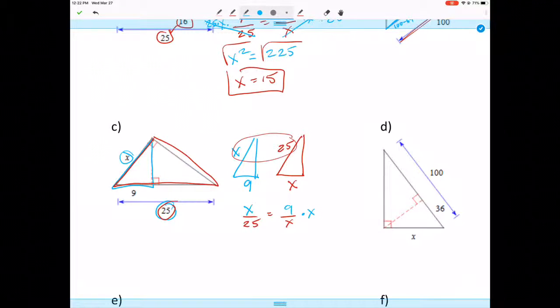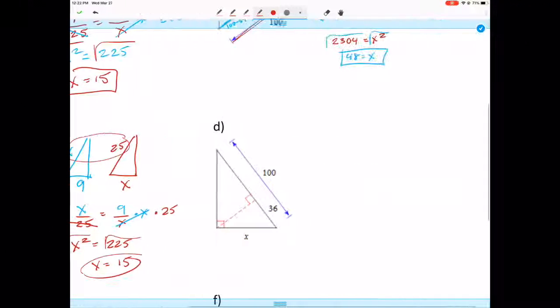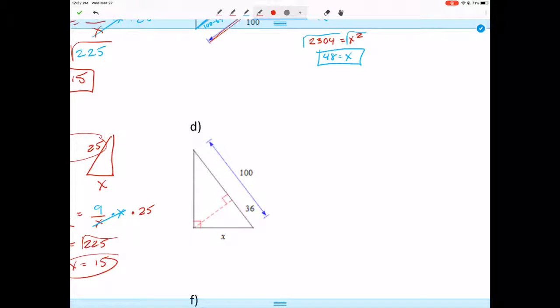Multiply both sides by x, and multiply both sides by 25. And we end up getting x squared equals 9 times 25. It looks like that is nearly the exact same problem as A, which is 225, or x equals 15, after we take the square root. All right, so I guess there's only a certain amount of problems that we can do that make this look really nice.